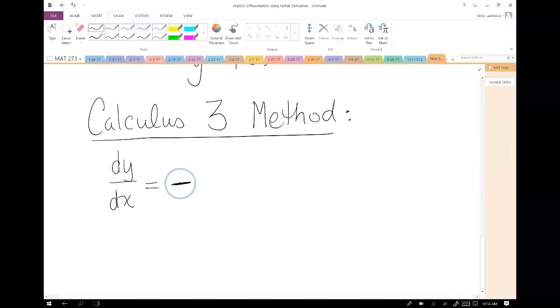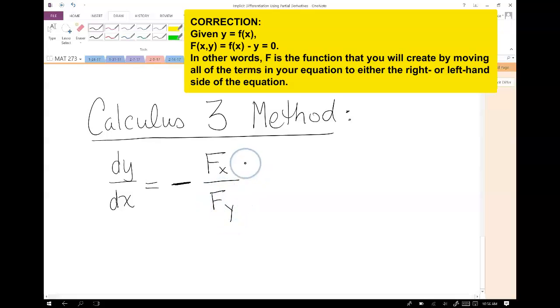So I'm going to say this is negative f sub x over f sub y. f sub x means the partial with respect to x. And remember, f sub y means the partial with respect to y.